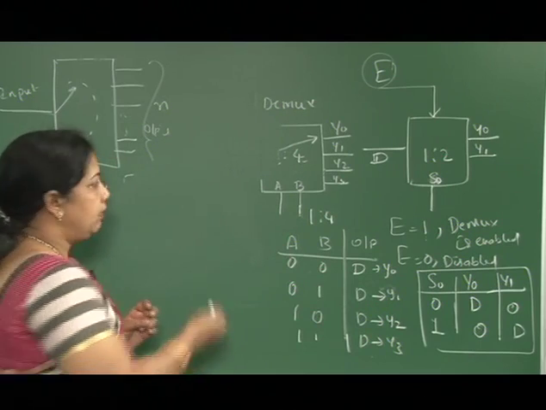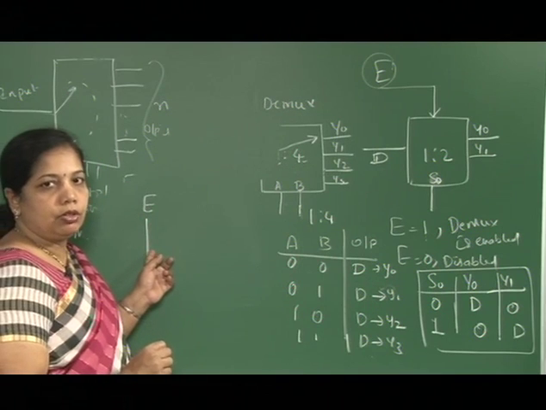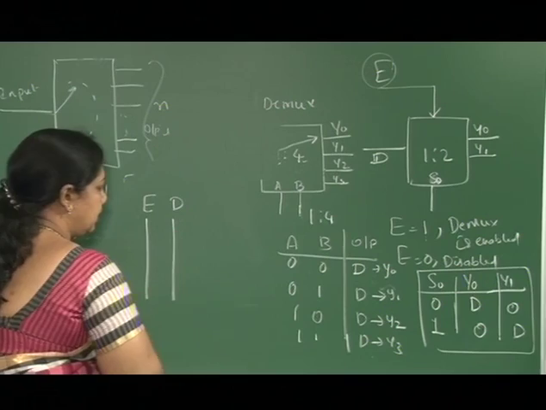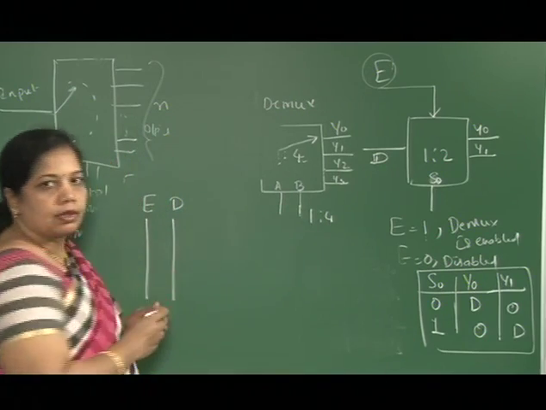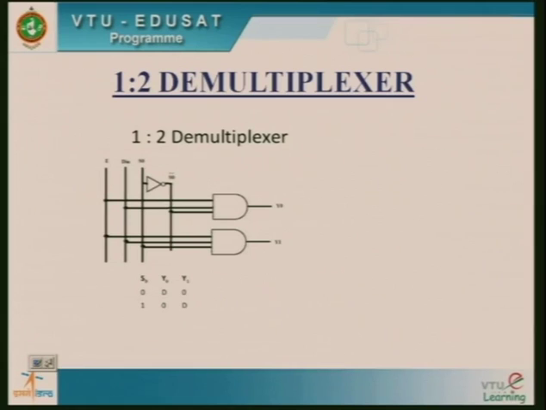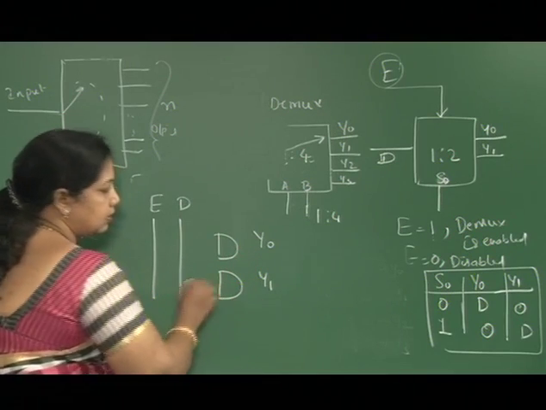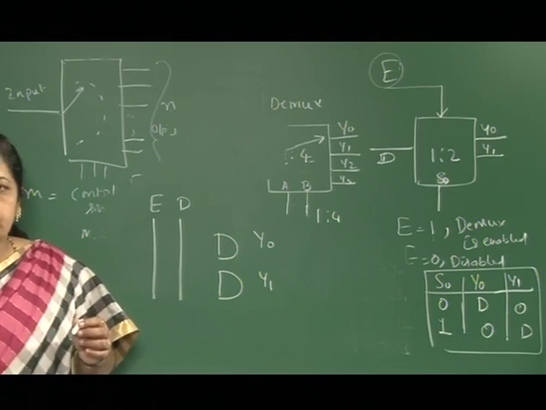Of course, we have an enable pin, which is an input signal to the demultiplexer. We have D input, once again an input to the demultiplexer, and we have Y0 and Y1 at the output side. So we write this. You can just see in the previous slide.